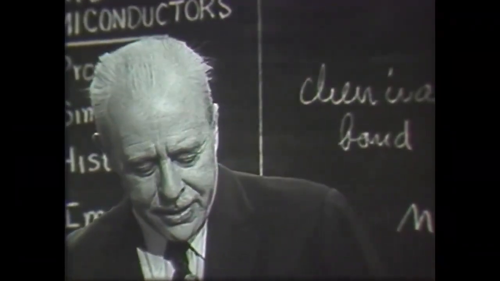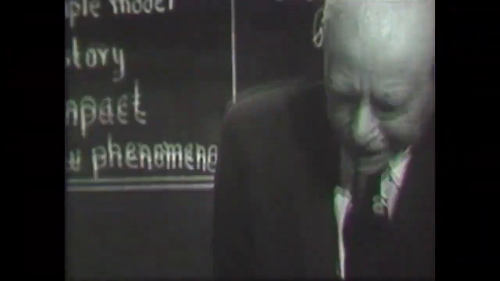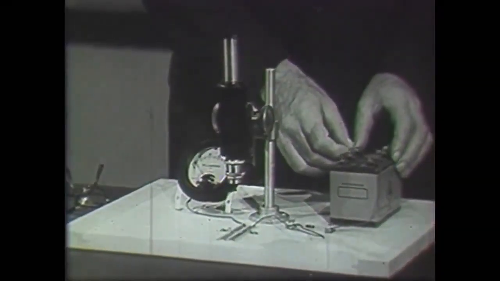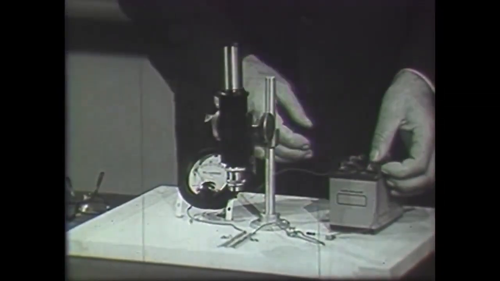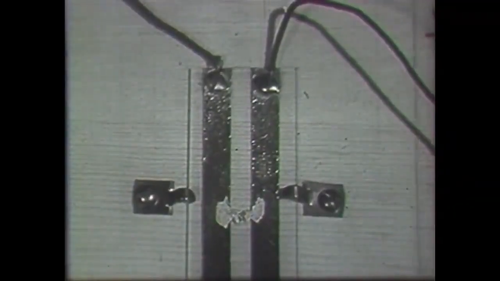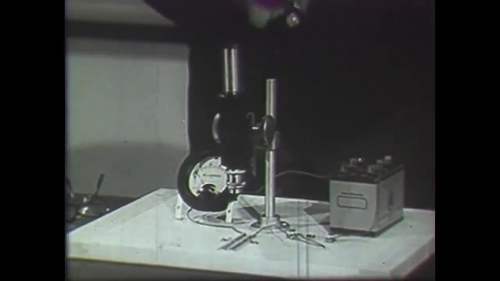That experiment can be demonstrated over here, where I have a battery in series with a small piece of this material, and by passing current through this material, I can create hole-electron pairs, and by looking through this microscope, I can see the radiation of recombination of these holes and electrons.